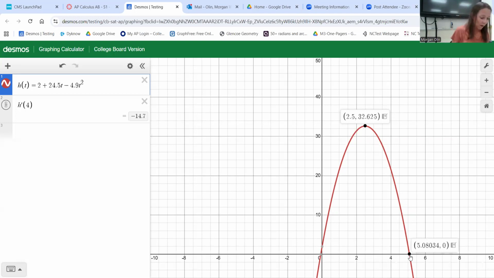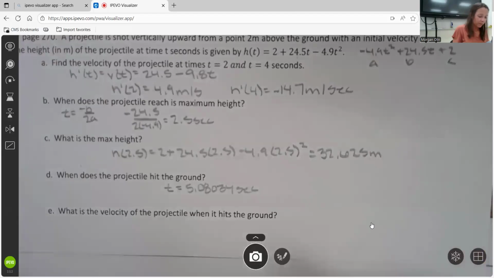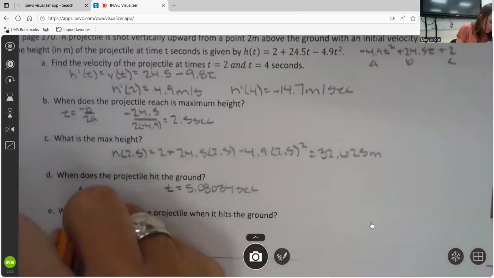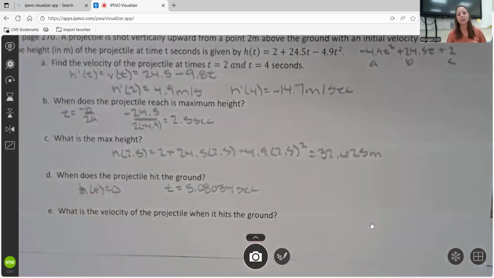The question is when, so that time is 5.08034 seconds. Also, when does it hit the ground? That's when H of t equals 0. So it's when that equation is set equal to 0. How is that replicated? When it hits the x-axis.